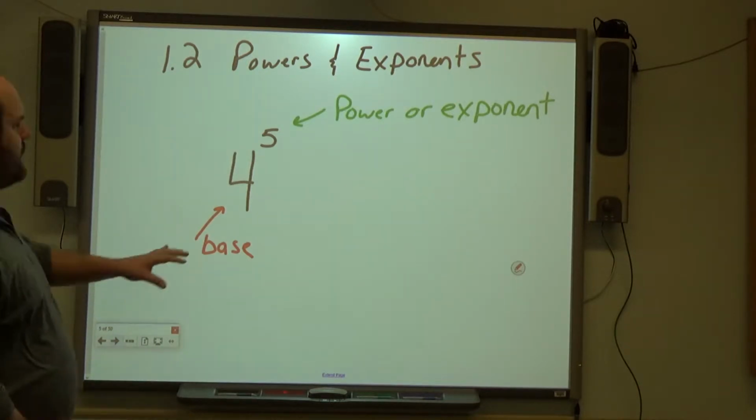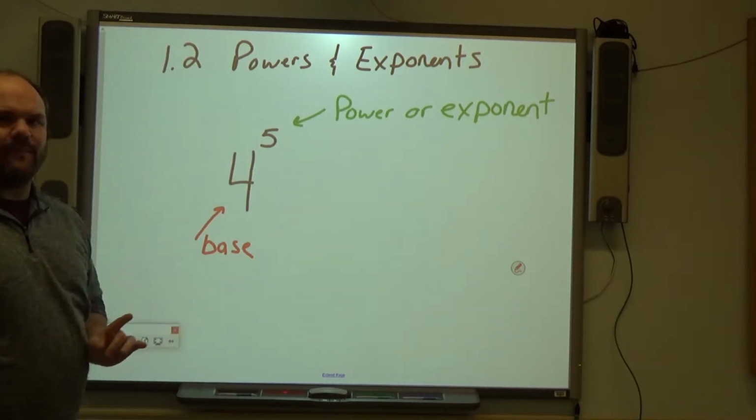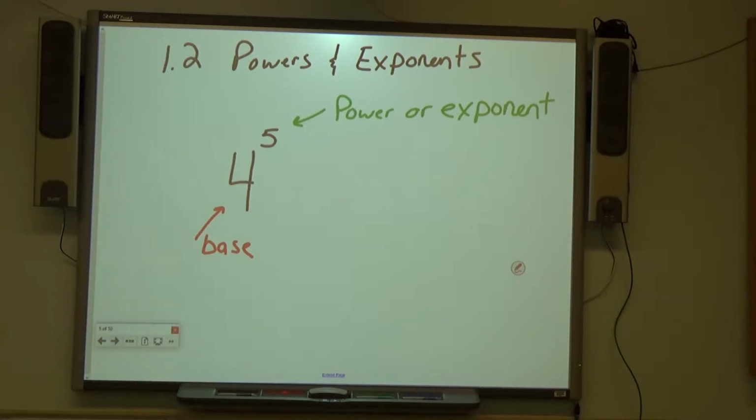Okay? If we have a number with a smaller number up top, which can either be called a superscript, or in the math world we call that a power or an exponent, okay? It is going to tell us the number of times we are going to multiply what we call the base.